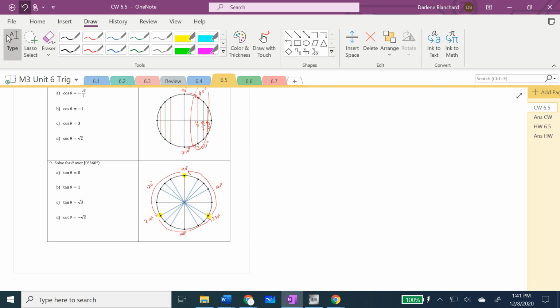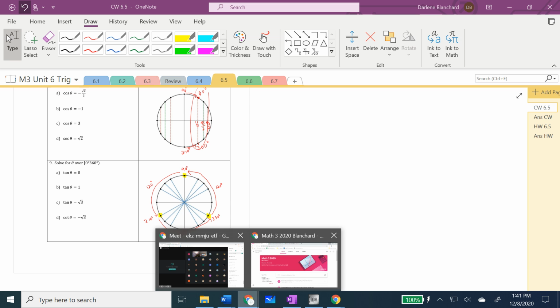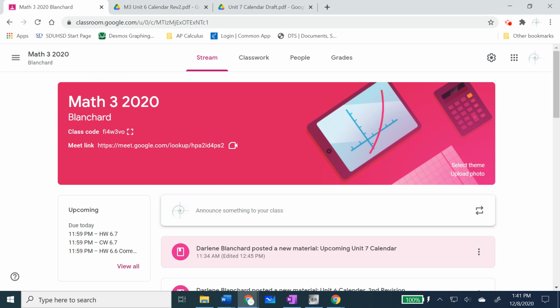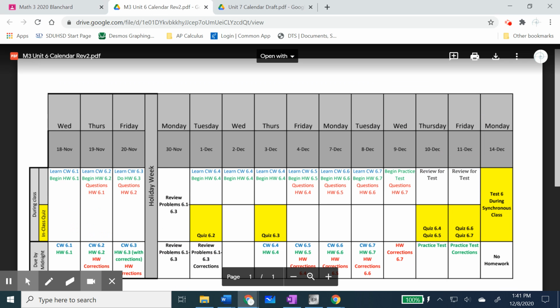And then you will be ready for a quiz coming up on Thursday, I think is where I put it. Let me double check that. Yes, I put the quizzes for the forward and the backward on using the unit circle on Thursday, and that gives us another day tomorrow to get that nice and secure.